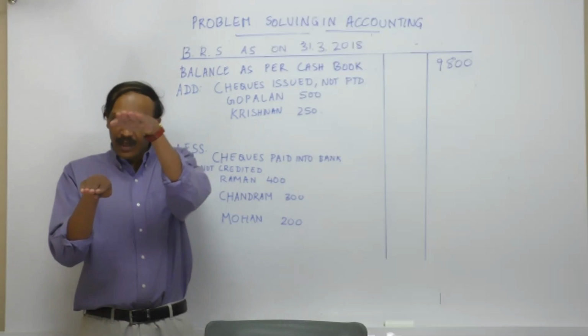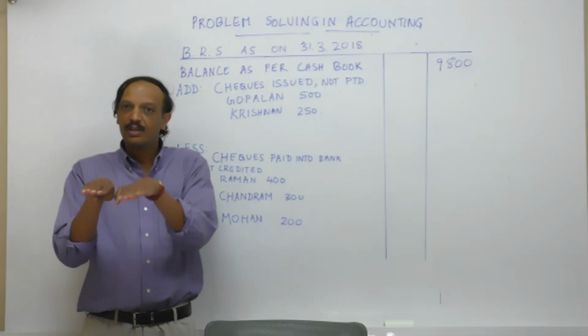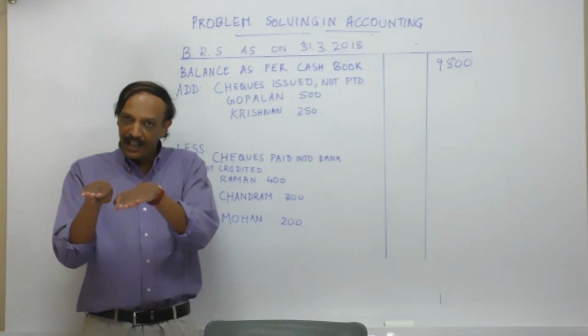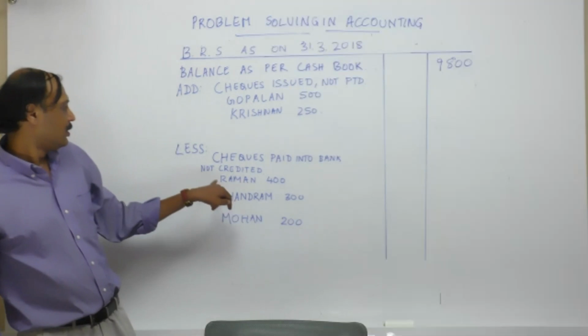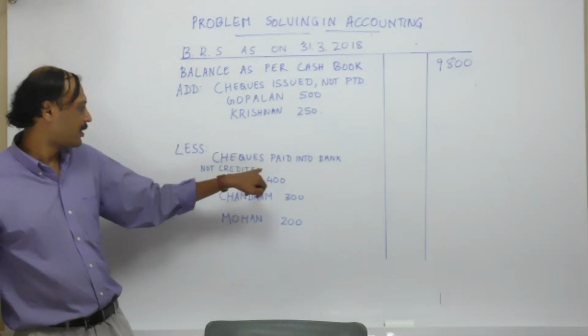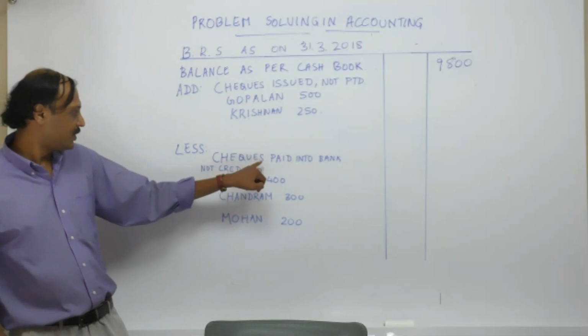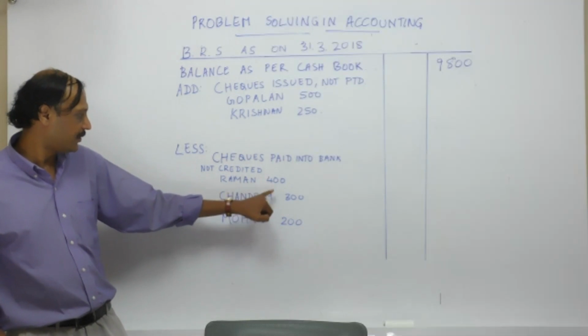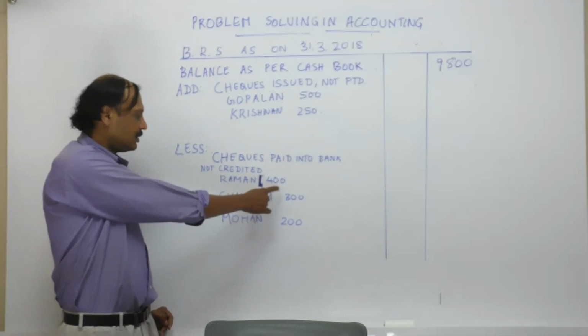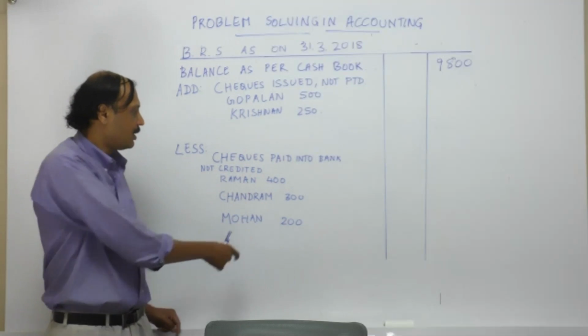You're going from cash book to passbook, so you need to less or reduce. So checks paid into bank, not credited, should be reduced. You have similar transactions of 3 different amounts, one from Raman, Chandram, and Mohan.